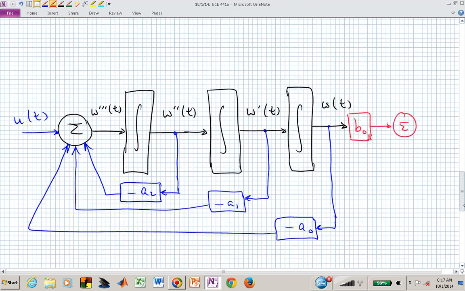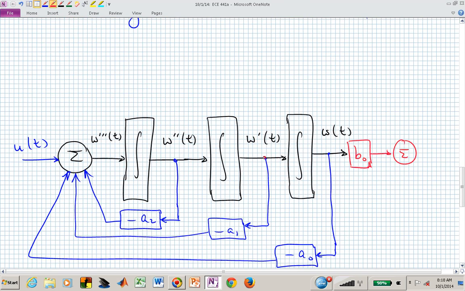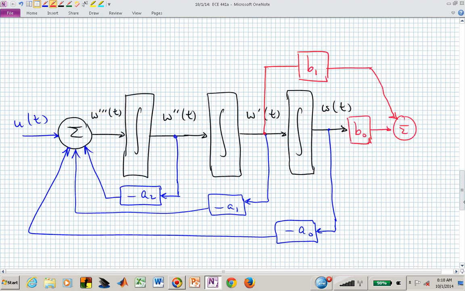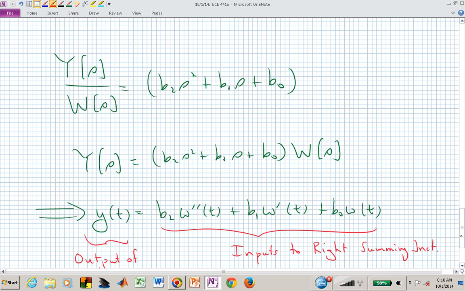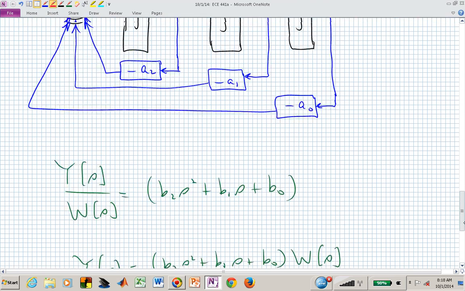Now I need to do a b1, but I can go down here and grab the first derivative of w, scale that by b1, add that in. I have one more piece, which is going to be b sub 2 scaling the second derivative of w.